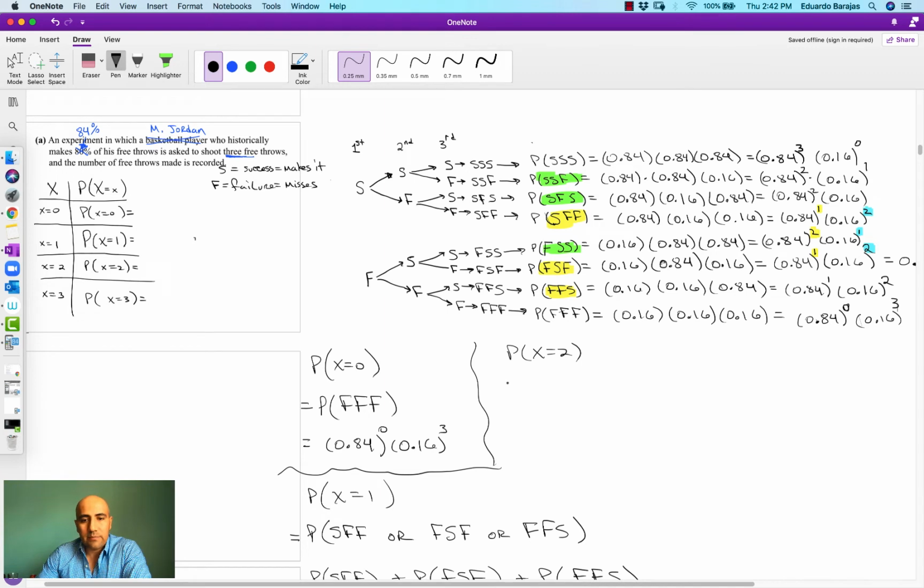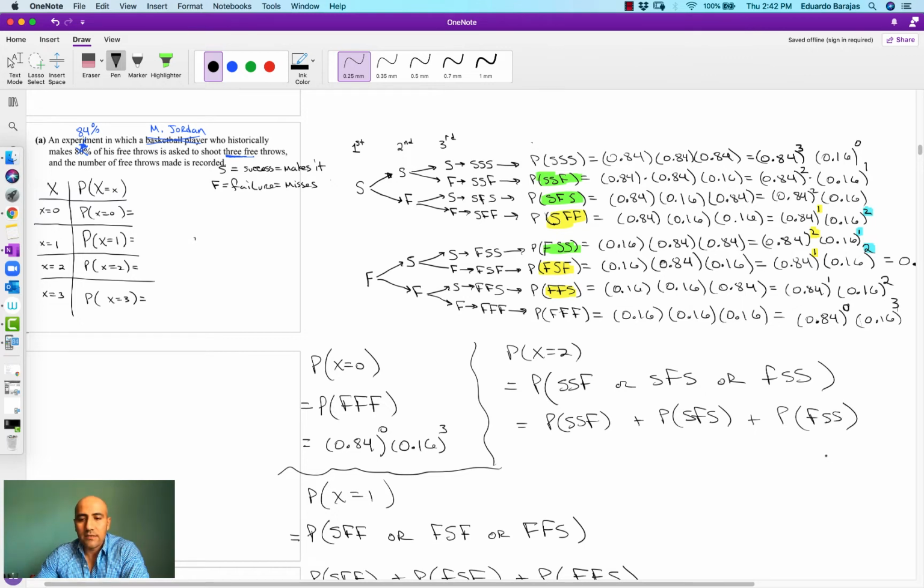So this is going to be made up of the probability of having an SSF situation or having an SFS situation or having an FSS situation. Good. Again, or means that we add them. This is going to be probability of SSF plus the probability of SFS plus the probability of FSS.